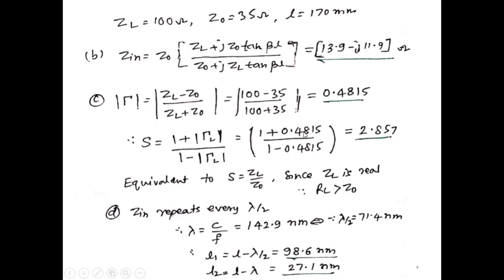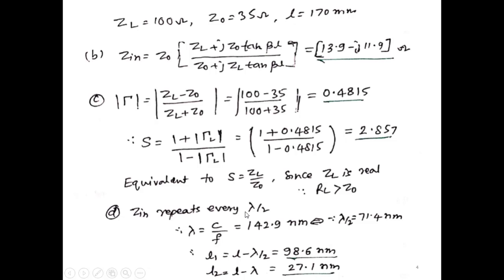So 1 plus 0.4815 divided by 1 minus 0.4815, which simply we get 2.857. So this is equivalent to S is equal to ZL by Z naught. You can substitute ZL is equal to 100 and Z naught is equal to 35. You get same value, S is equal to 2.857. Since ZL is real, therefore RL is greater than Z naught.